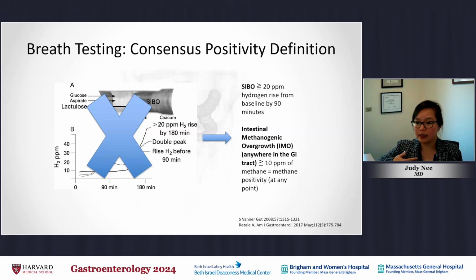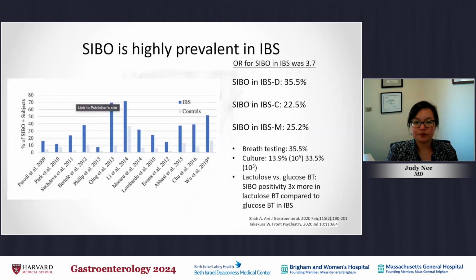On the other hand, and separately, there's this concept of intestinal methanogen overgrowth, or IMO. It's called IMO because this archaea that creates methane can be anywhere in the GI tract. That means that greater than or equal to 10 part per million of methane is methane positivity, or IMO. And we'll talk about that again in a minute.